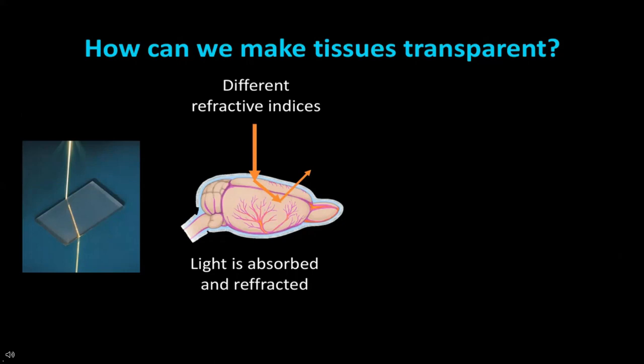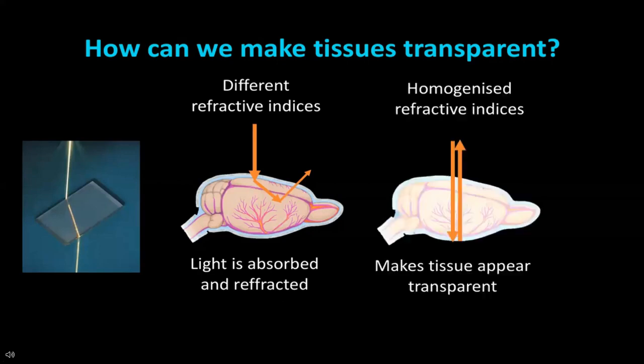Particularly when light moves through an aqueous solution, which would be inside or outside the cells, and then when it moves through a cell membrane that has a high lipid content. So the most basic premise for optical clearing is a homogenization of refractive indices.